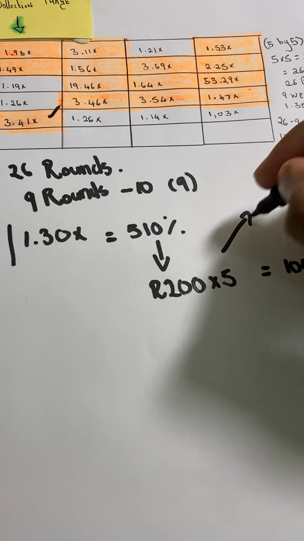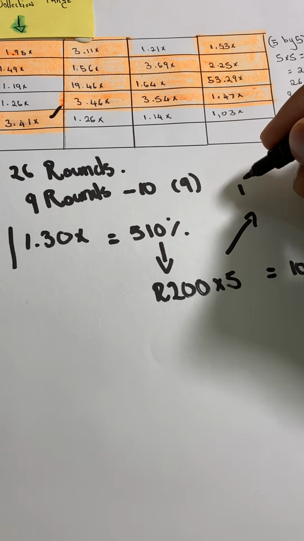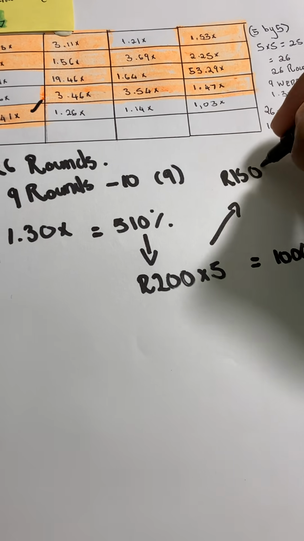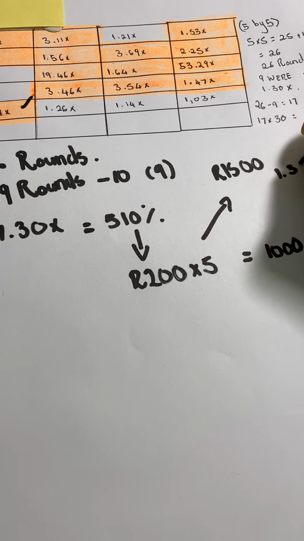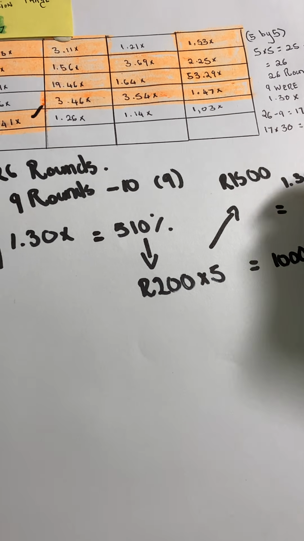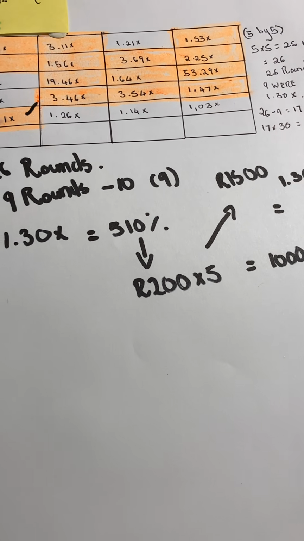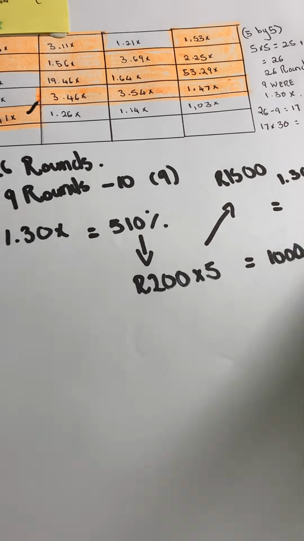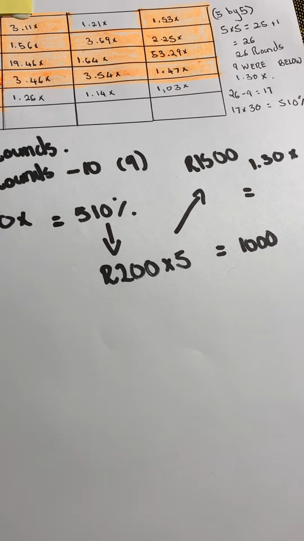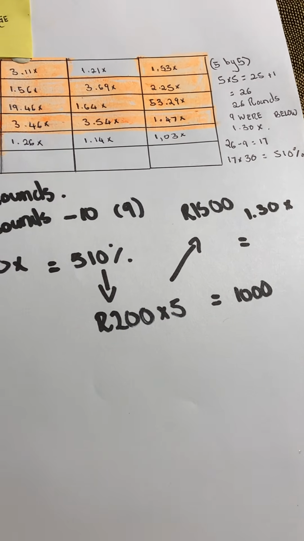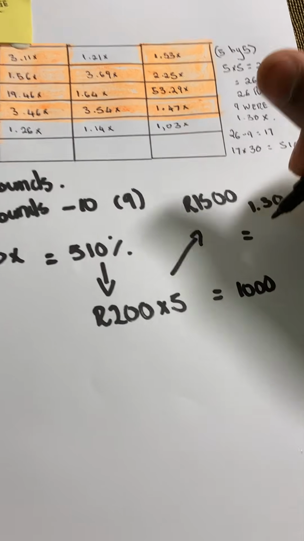If you had 1,500 at this specific time of day, it's going to be 1,500 times 5. That would have been your answer. I'm not a calculator in my head.